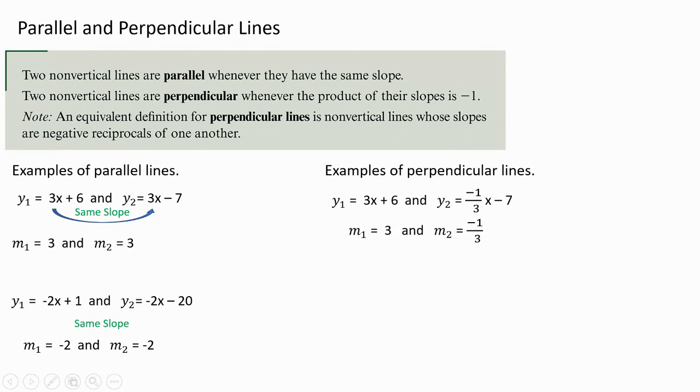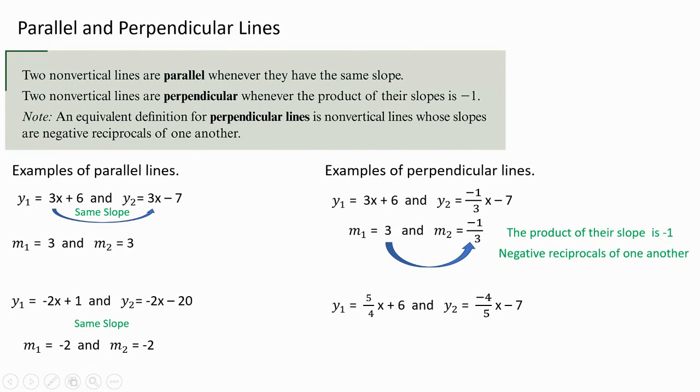Or we can do what it says in the definition: the product of the two slopes must equal -1, right? 3 times -1/3 will give you -1. Now, these are also perpendicular because we have 5/4, and then we have the opposite sign, and the 5/4 we flip, or do the reciprocal. So these two are also perpendicular. The product of the slopes is -1.